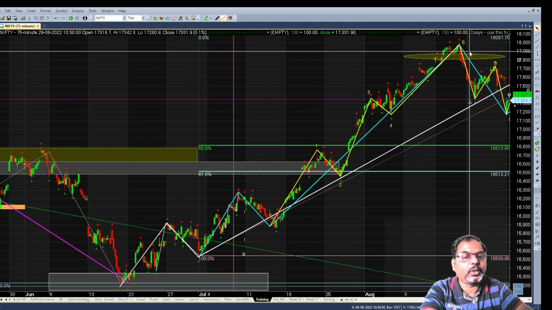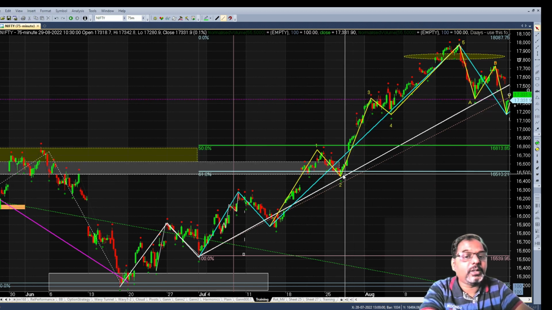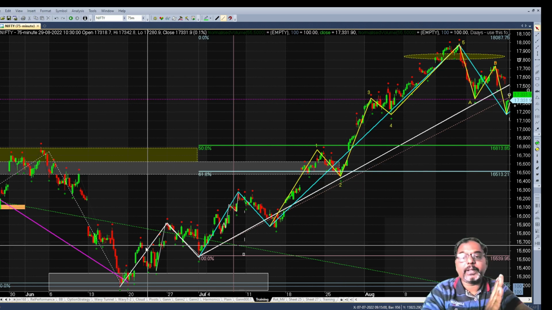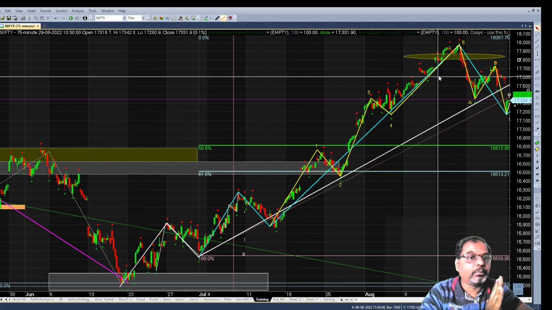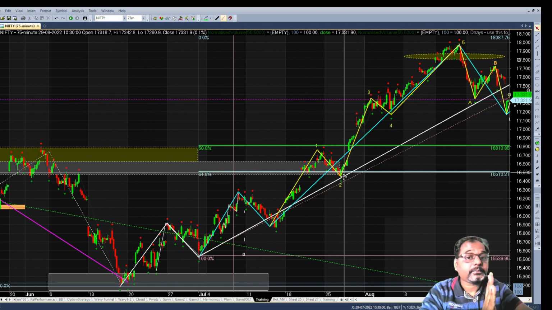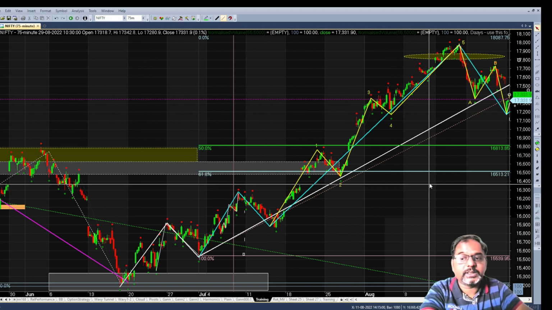If you look at this again, within this, the third wave is almost vertical. Compare it with the other up moves. This is an almost vertical move, right? And that is the kind of third wave that you could actually see.